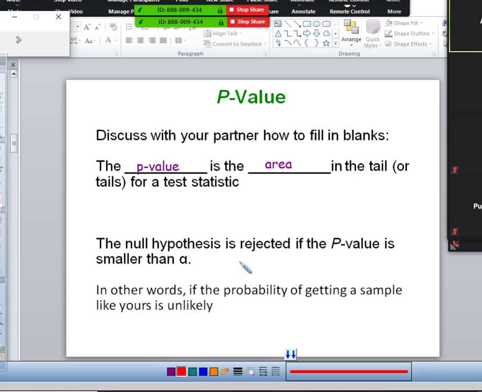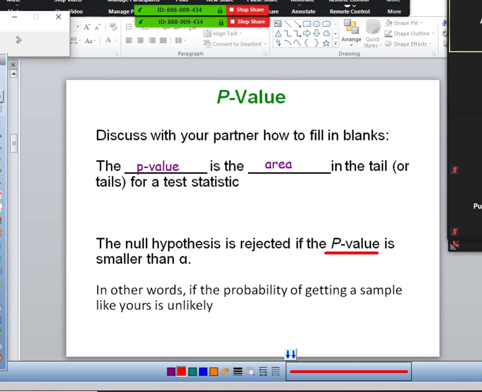So unusual is alpha or less. Does that make sense? So I'm unusual if I'm alpha or less. So if the p-value is alpha or less, then it's unusual. Are you guys with me? So the p-value is my sample's probability. If my sample's probability is alpha or less, it's unusual. If it's unusual, we reject the null hypothesis.